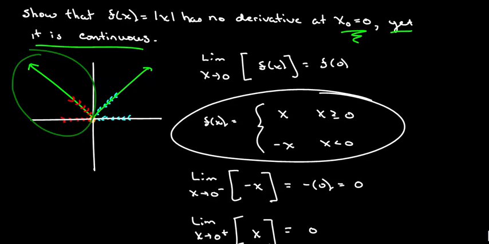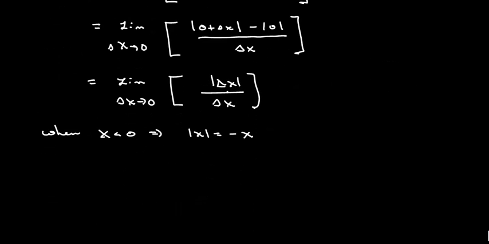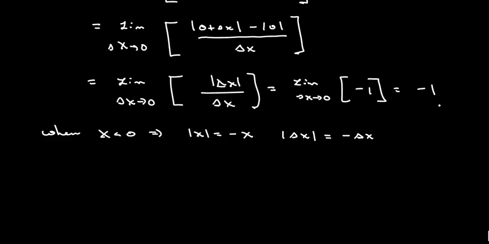Well, it's going to be -1, and watch, it will be. The absolute value of delta x is going to be equal to negative delta x. So this will be equal to the limit as delta x goes to 0 of the value -1, which is -1.